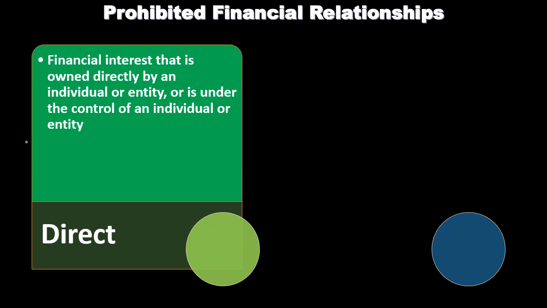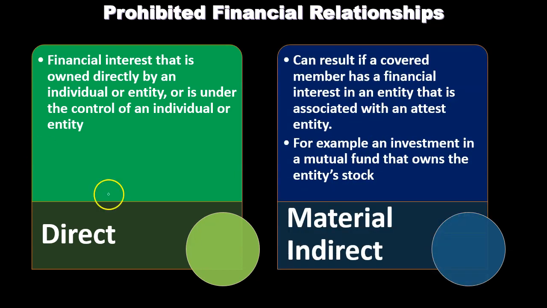So again, one way that someone could not be independent, of course, is to have a direct financial interest, especially if it's material to the individual that is involved in the audit engagement. A material indirect interest could also cause a problem. It can result if a covered member has a financial interest in an entity that is associated with an attest engagement, for example, an investment in a mutual fund that owns the entity's stocks.